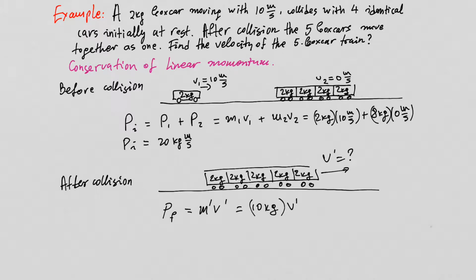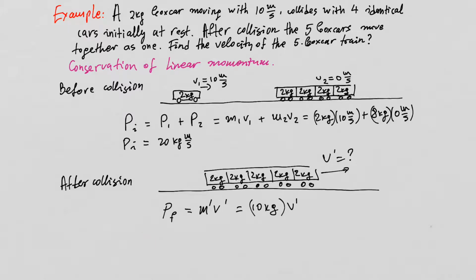So conservation of linear momentum says that in absence of external forces, there is no friction in this problem, the total momentum at the initial state must be equal to the total momentum at the final state, which means that 20 kilograms meters per second must be equal to 10 kilograms times v prime. Let's set them equal to each other.